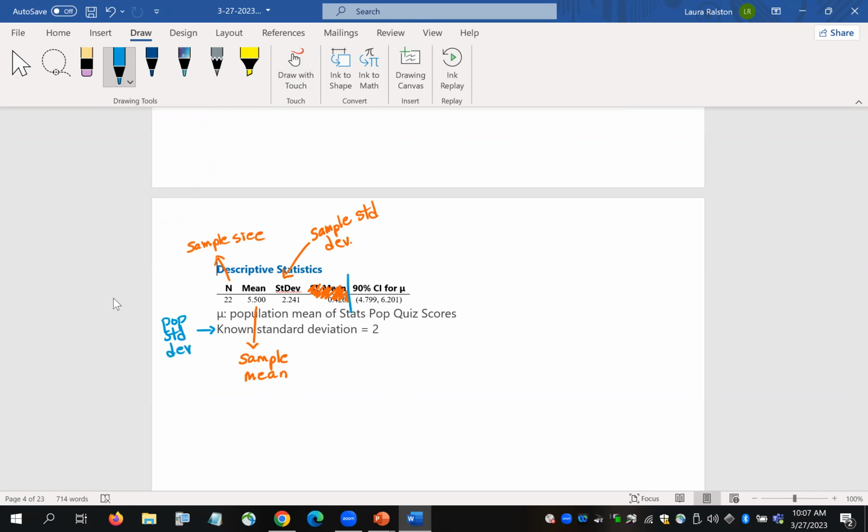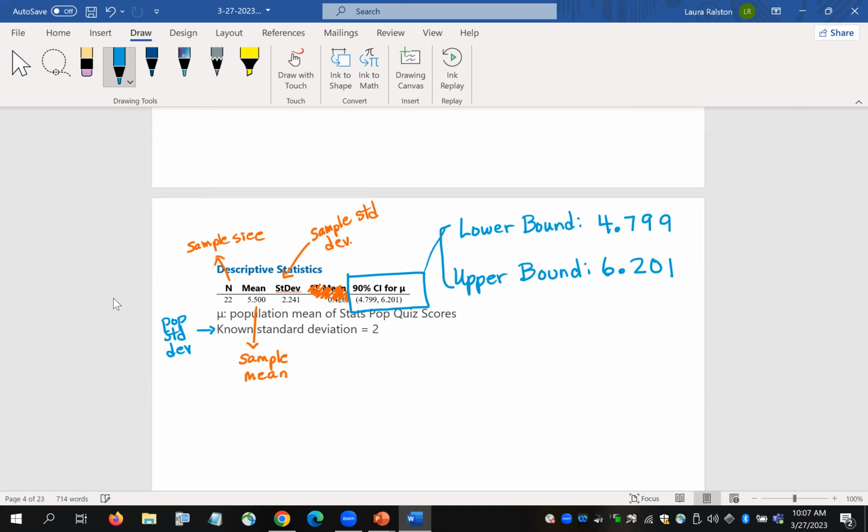Again, what we're primarily looking for is this interval of numbers here. That's our 90% confidence interval for the mean. Our lower bound, which is the first number in the parentheses, would be 4.799. Upper bound would be 6.201. I get those numbers directly from Minitab.